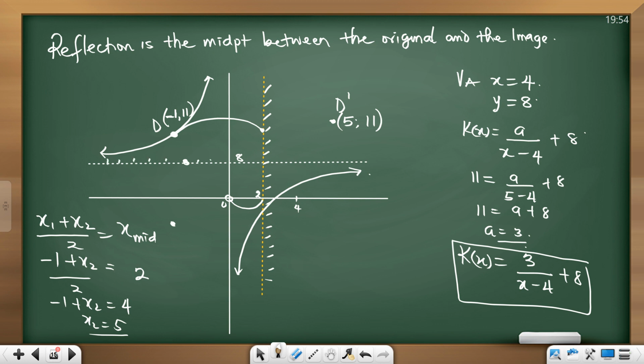Reflecting around this. I'm reflecting around the asymptotes. Because exactly. Where will it be now? 3 below. Where will it be? Are we okay? All right.